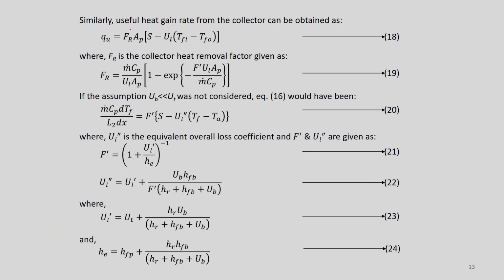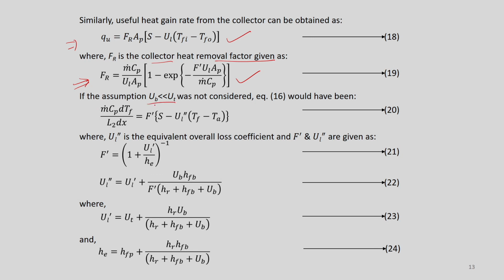Now, similarly, the useful heat gain rate from the collector can be calculated by using this expression, where F_R is the collector heat removal factor. This expression is similar to the liquid flat plate collector that we derived in the last class.